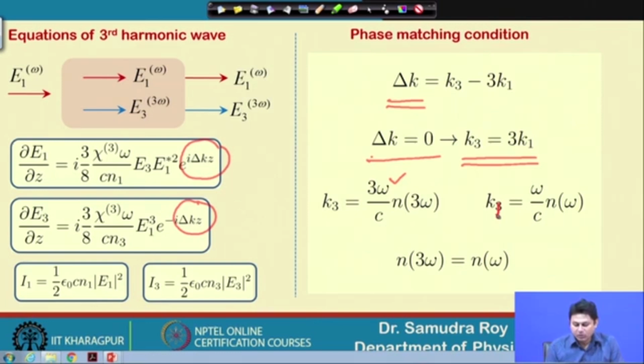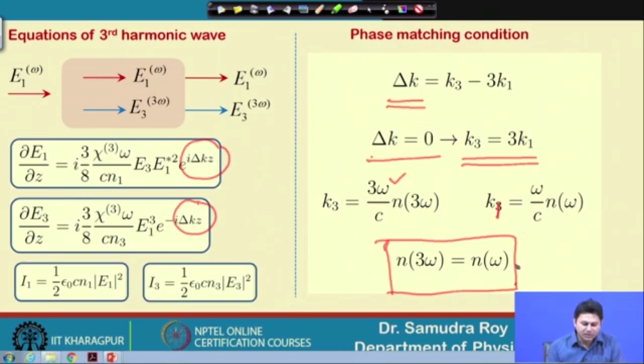So, now if I equate these two things, readily you can find that n of 3 omega has to be equal to n of omega. It is a similar kind of expression that we have for second harmonic generation. The only thing is that the frequency here is 3 omega, while in that case it was 2 omega.